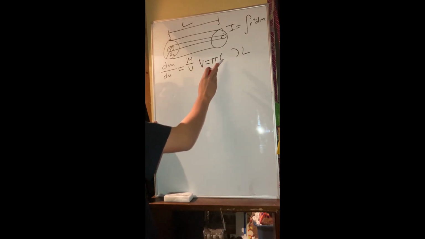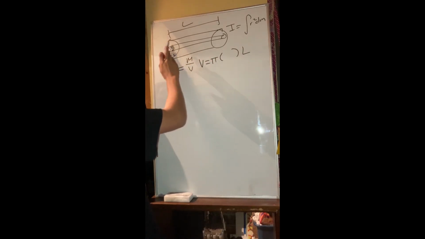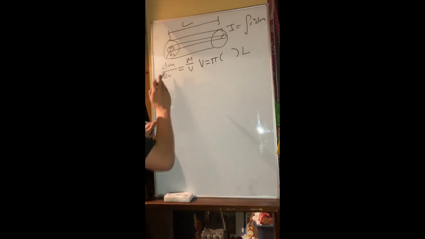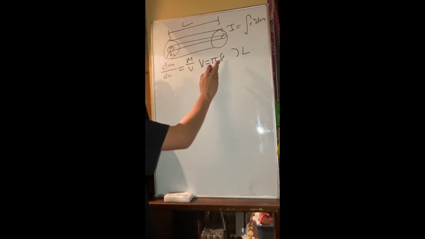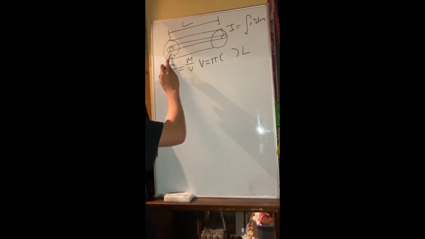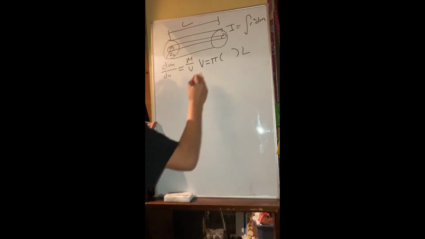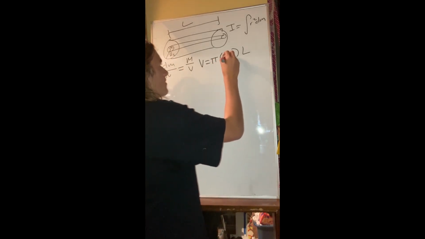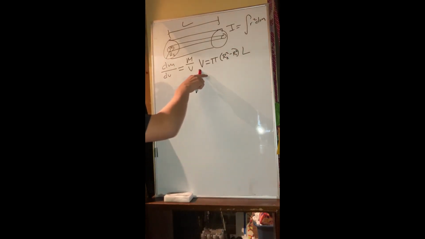We can't just say R because there's a hole in the middle. So we have to realize that the R squared is representing the circle. So for this, it's going to be R2 squared minus R1 squared. So that's going to give us our constant volume.